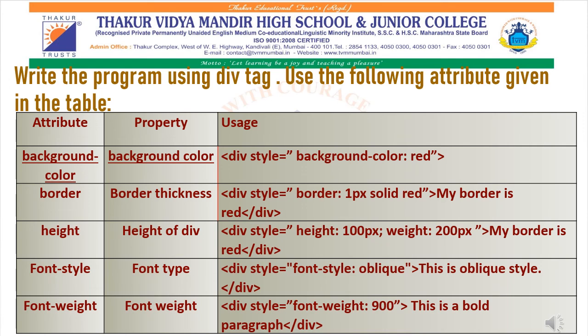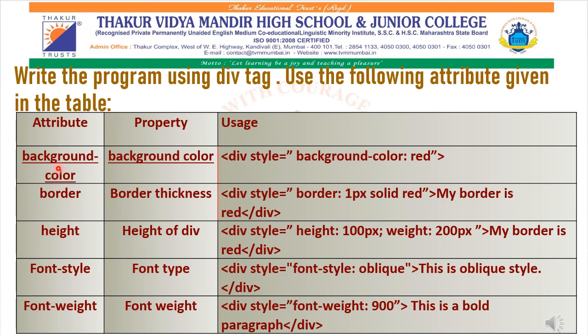Students, this is a question that you are going to solve at home. The question states: write a program using a div tag. Use the following attributes given in the table. Now, the question means that you are going to create an HTML program. As we have learned till now, you are going to create an HTML page using a div tag that I have shown right now.